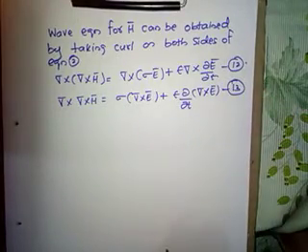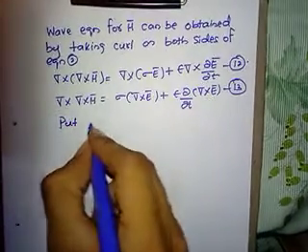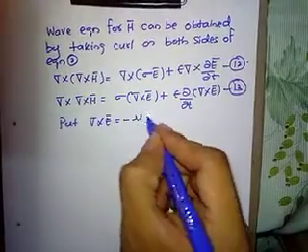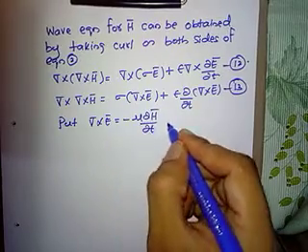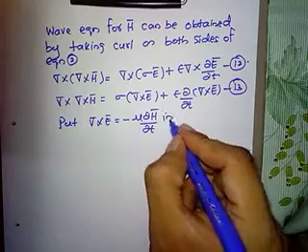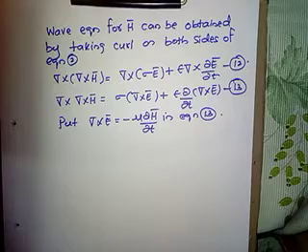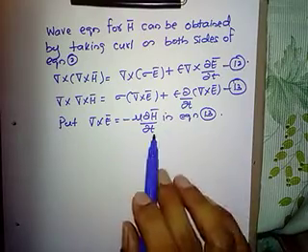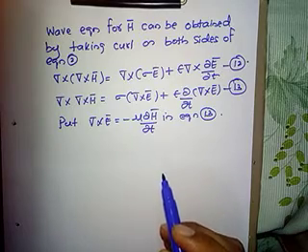Now substitute del cross E bar, which is equal to minus mu dou H bar by dou t, in equation 13. We already have this relation between the electric field intensity and the magnetic field intensity. I hope everybody is following, students.